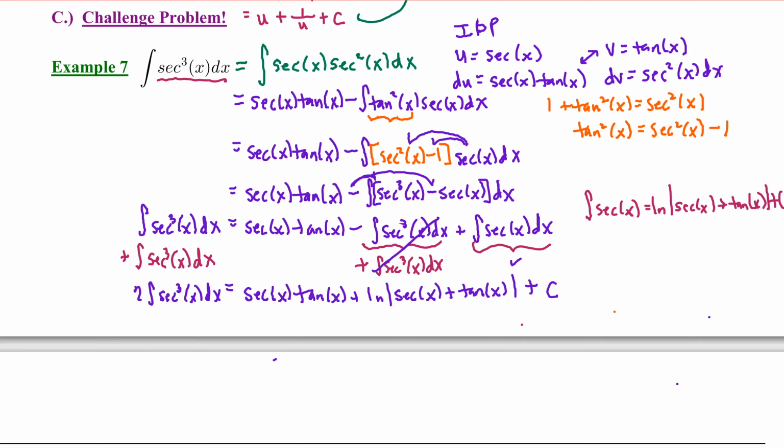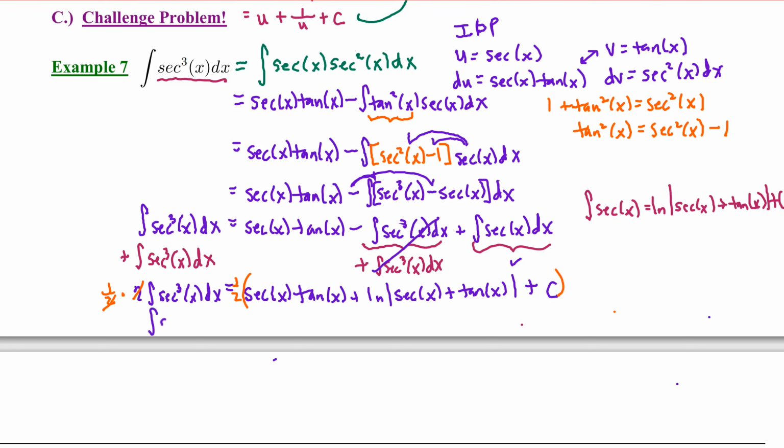Now we're almost there. The original problem was to find the integral of secant cubed. At this point, I have twice the integral of secant cubed, so we do need to go ahead and multiply both sides by 1/2 in order to solve for our original problem.